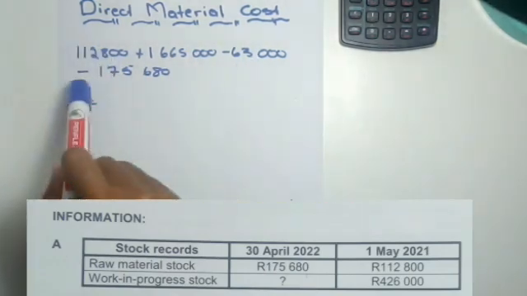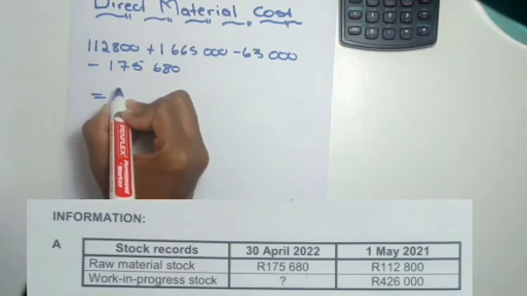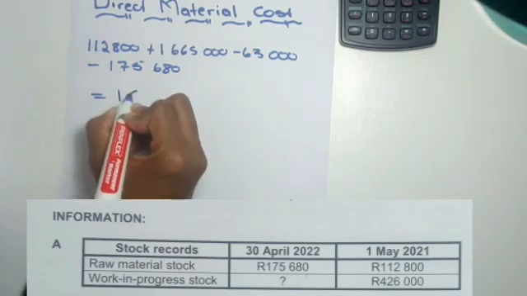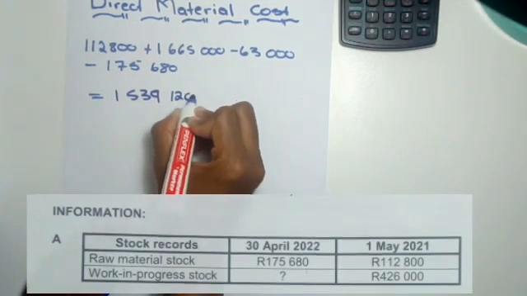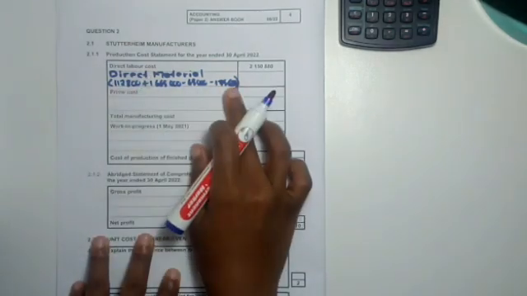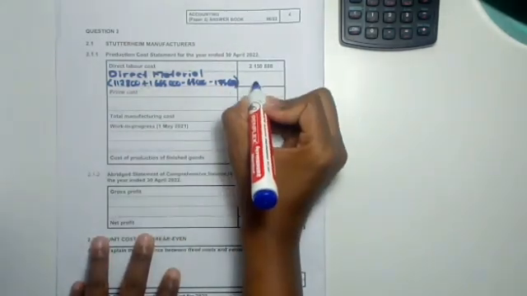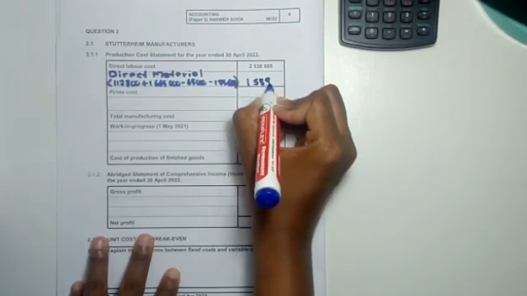So you put all of this in your calculator and it gives you a direct material cost of 1,539,120. As you transfer to your answer book, remember to show your working and put your final answer there as your direct material cost.